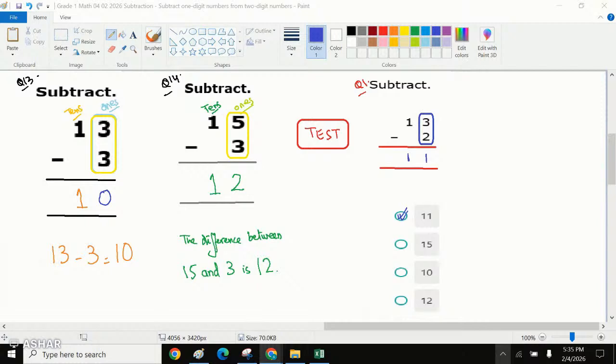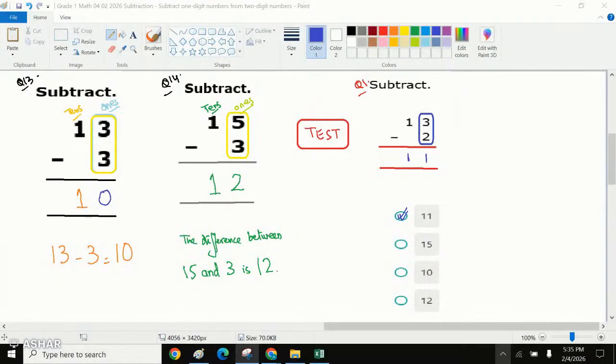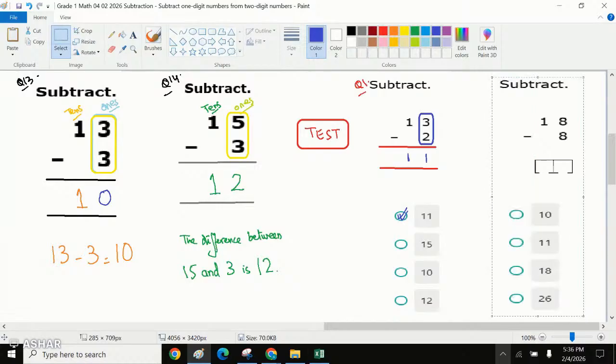The next question says, subtract 18 minus 8. Let me just copy the question. The question number 2 from the test says, subtract 18 minus 8. So what should be the answer? The given options are 10, 11, 18, and 26.